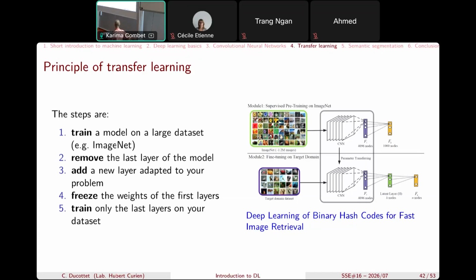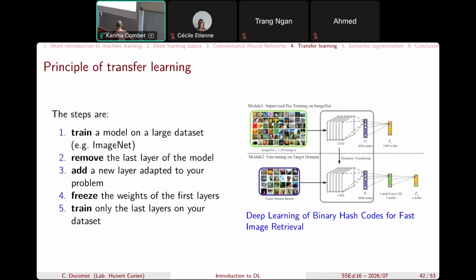So first, we have a previously trained model. We remove the last layer of the model, which was inferring the probabilities. We add a new layer adapted to our problem.